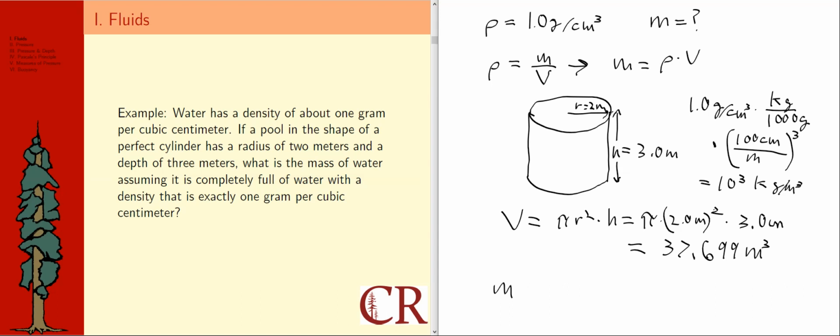Using the formula up here as my guide for plugging in, I have that density of 10 to the 3 kilograms per meter cubed multiplied by this volume of 37.699 meters cubed. We're going to get a result in kilograms, and this would be 3.7699 if I didn't round, times 10 to the 4, because this is 37 times 10 to the 3, so that's really 10 to the 4.